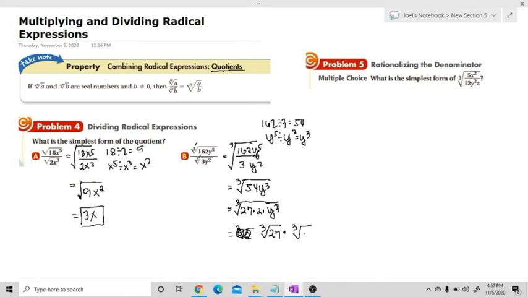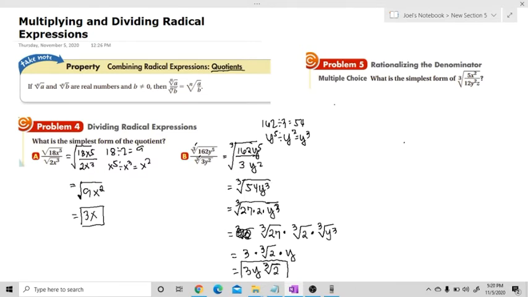It becomes the cube root of 27 times the cube root of 2 times the cube root of y cubed. The cube root of 27 is 3. The cube root of 2 stays. The cube root of y cubed is y. Then multiply, it will be 3y times the cube root of 2. So this will be the answer.